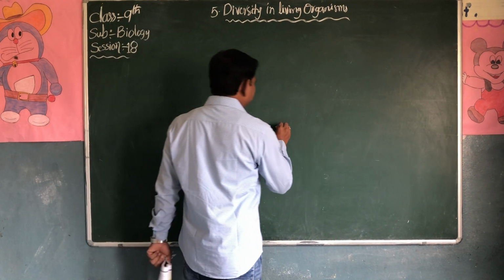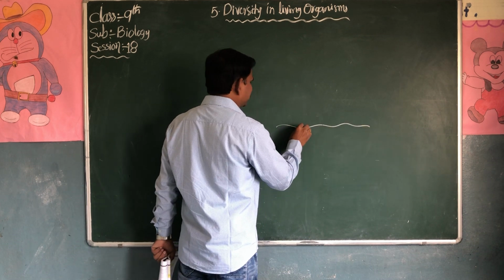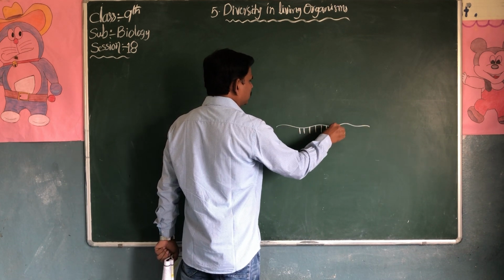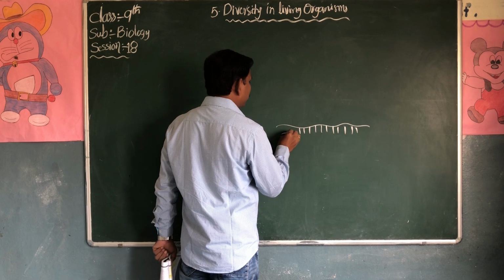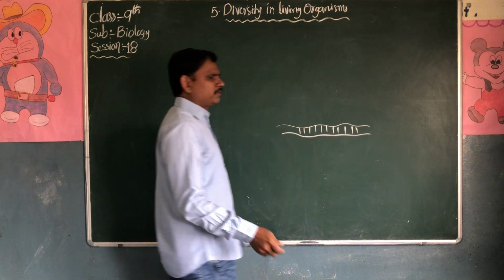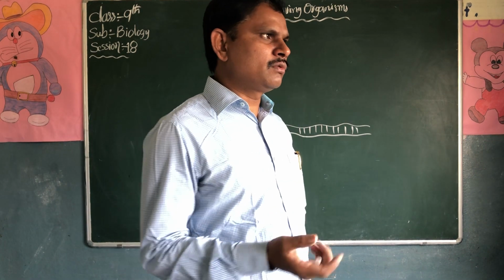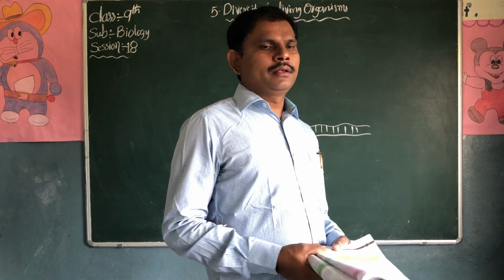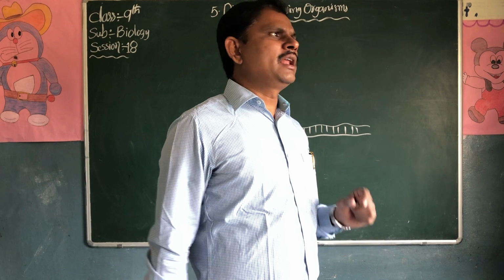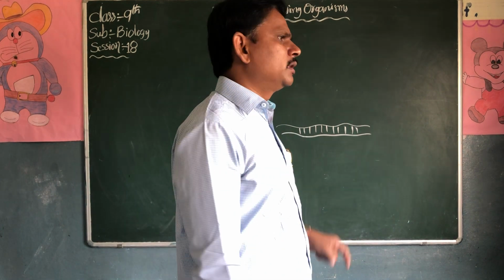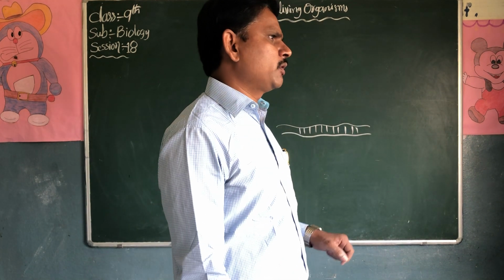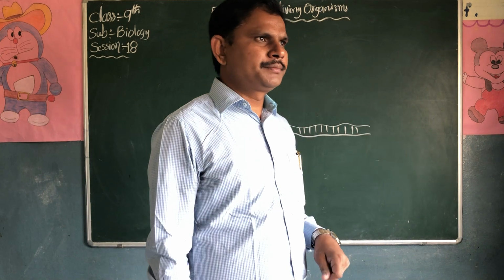In the earthworm's body there are some segments. How is the body designed, whether they have segments or skin or wings? Are there any other characters in the insects? You just have to go through the tables.